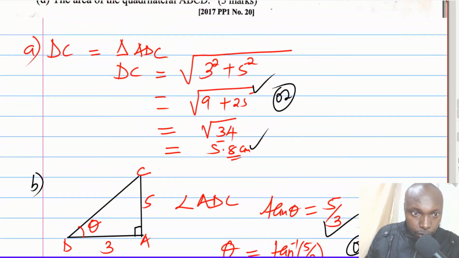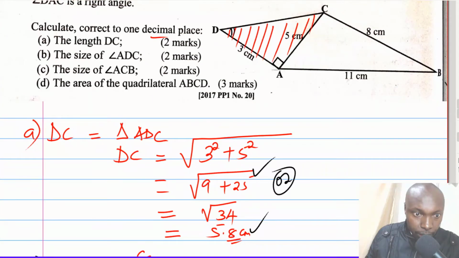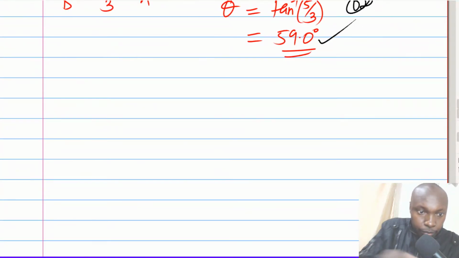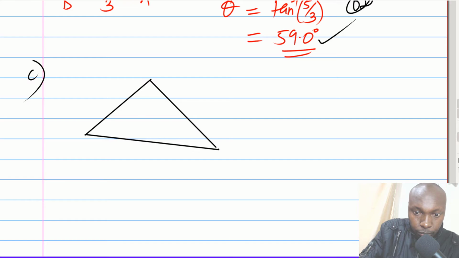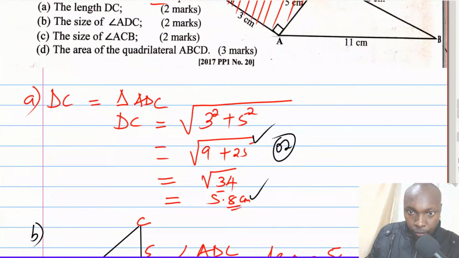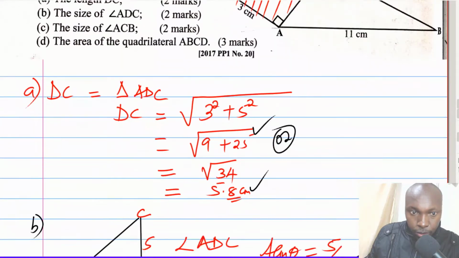That part of the question is the size of angle ACB. The size of angle ACB, look at this diagram. ACB is there, so I will extract that one again here. So ACB is here.